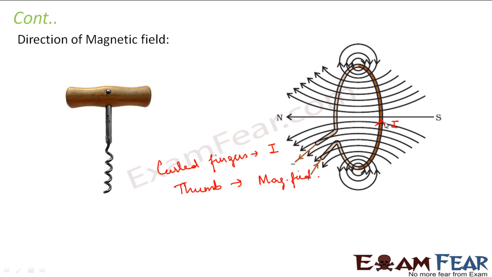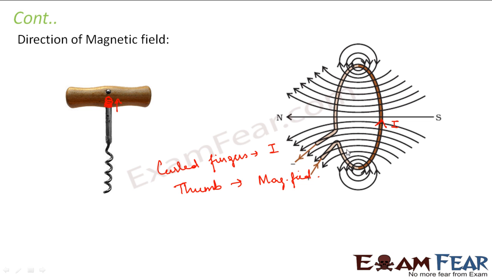Often this rule is known as corkscrew rule. What is corkscrew rule? Have you ever observed what happens when you screw something up? You move your hand in a circular pattern, but the movement of the screw is in this direction.